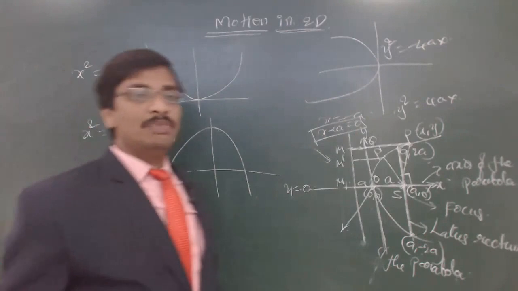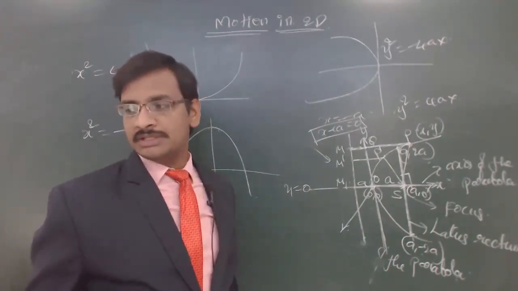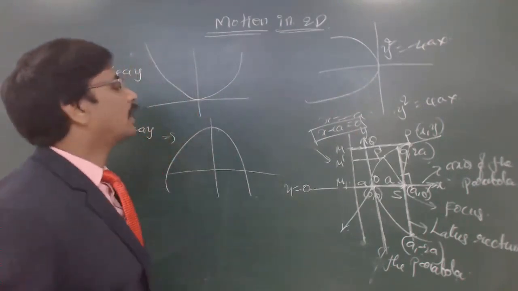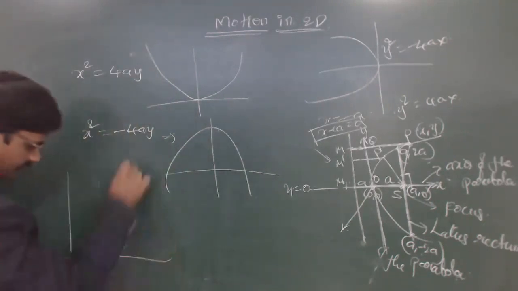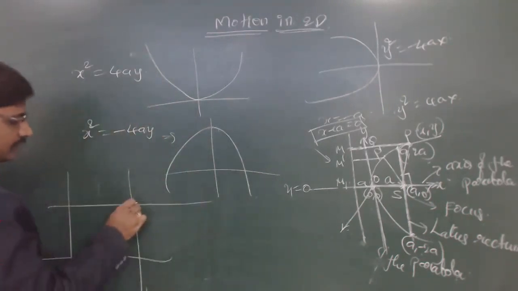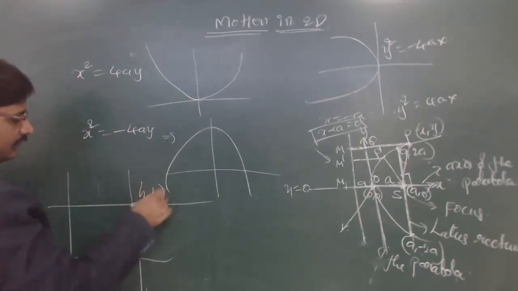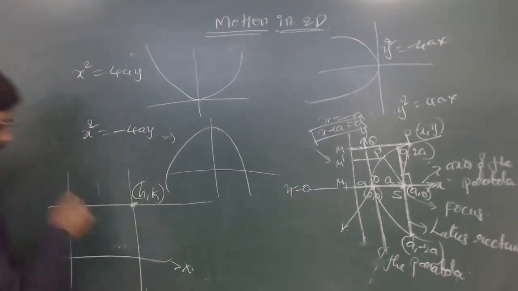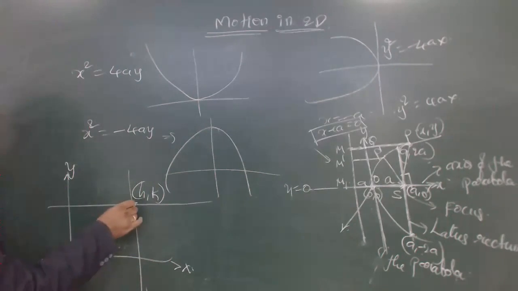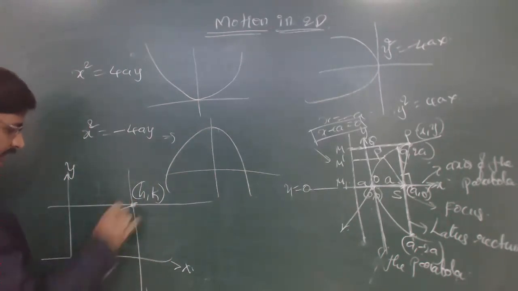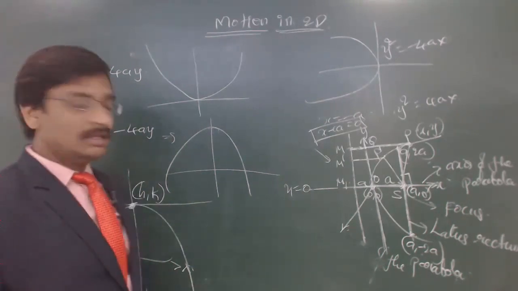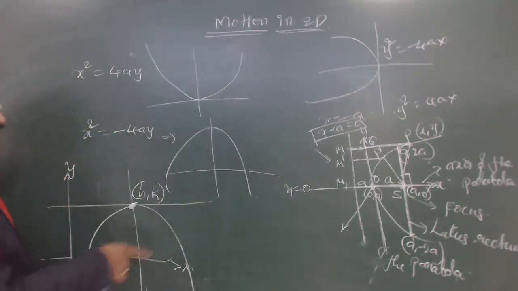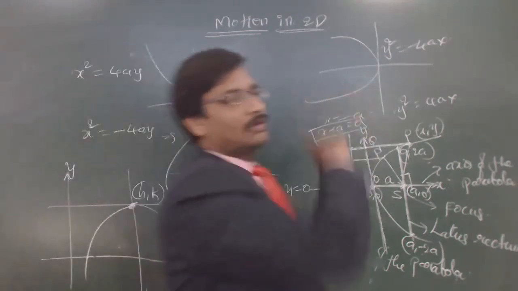And then based on the shifting of the coordinate system, you can shift the parabola to any location. Let us say you shift the parabola to a different location, at (h, k), with this as the x-axis and this as the y-axis. These coordinates (h, k) are nothing but the vertex of the parabola, then the equation will fit to all four forms.